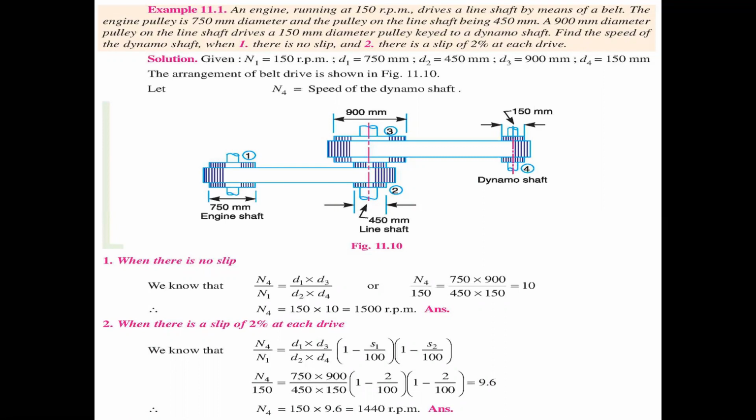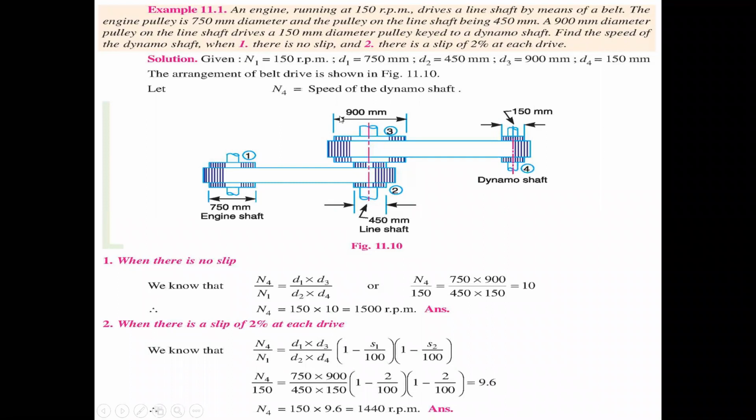A 900 mm dia pulley on the line shaft drives a 150 mm dia pulley keyed to a dynamo shaft. Find the speed of the dynamo shaft, first when there is no slip, and second when there is a slip of 2% at each drive. So in these two cases we will find the values.